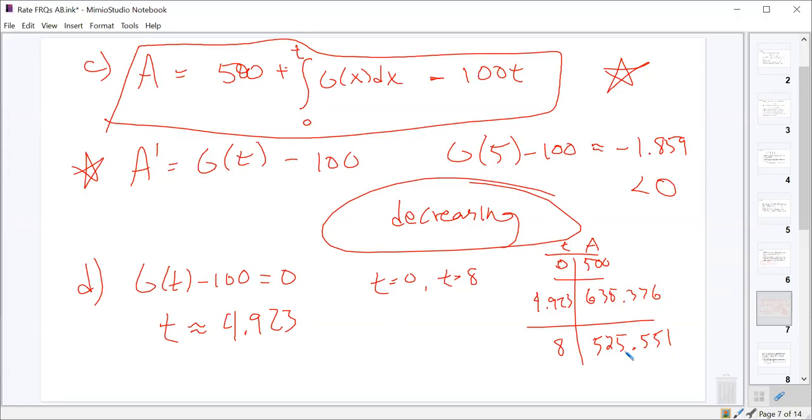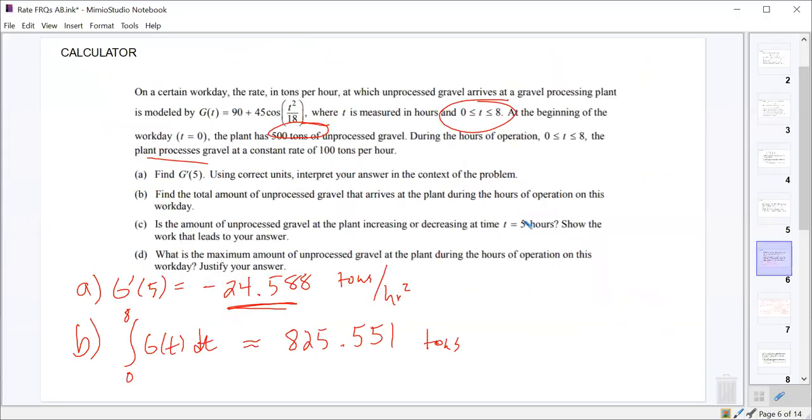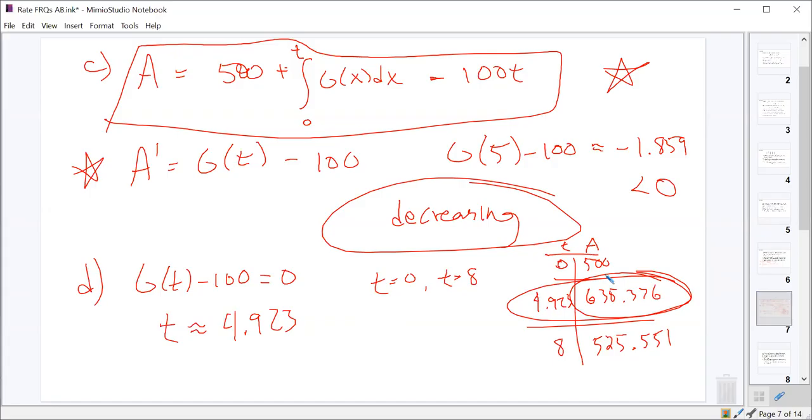Okay, sure, sounds good to me. So which one is that? They asked for a max, right? Yeah, so our maximum occurs at this value, 4.923. And it says, what is the maximum amount? Right, so the maximum amount is 635.376 tons. Everybody good with that? Cool. Wonderful.